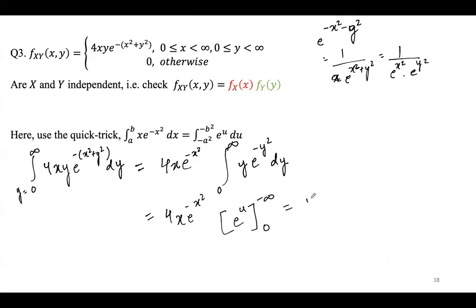Now you solve this. 4x e to the power minus x square. E to the power minus of infinity, that's still 0. Minus e to the power 1, that's 1. Right? This is giving you minus 4x e to the power minus x square. So this is your part. Okay.